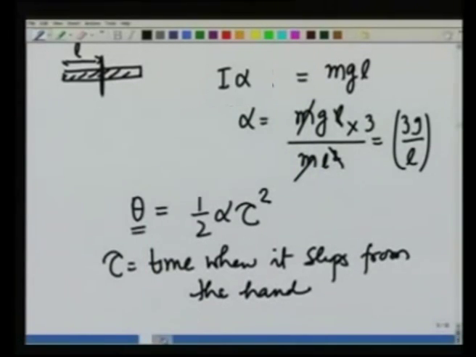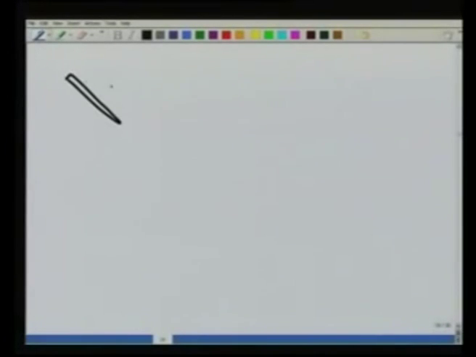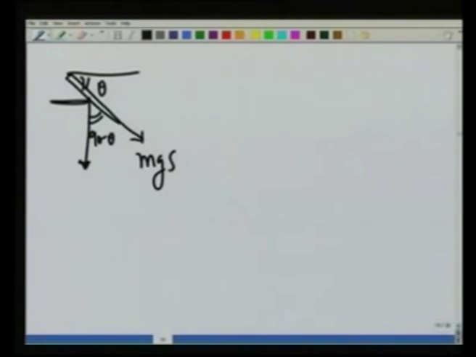What should be the value of theta? We know from mechanics that if a body is at an angle such that this is theta, this is mg, this is 90 minus theta, this force would be mg sine theta, this force component would be mg cosine theta.